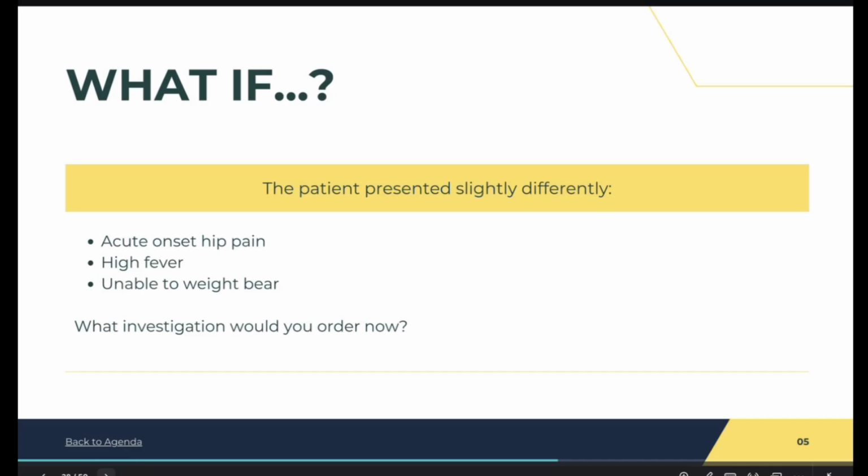Blood tests too? Yes, the blood tests are very important as well. Is there anything you're looking for on the blood tests? And then someone also mentioned aspiration. Infection, yes, and ultrasound to rule out collection.